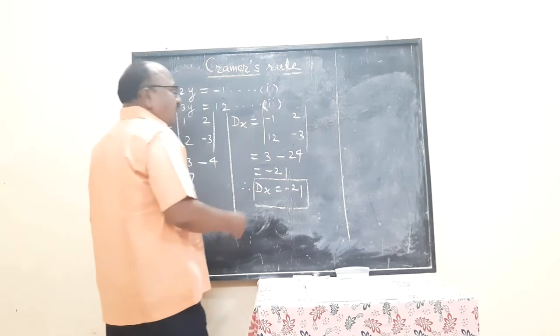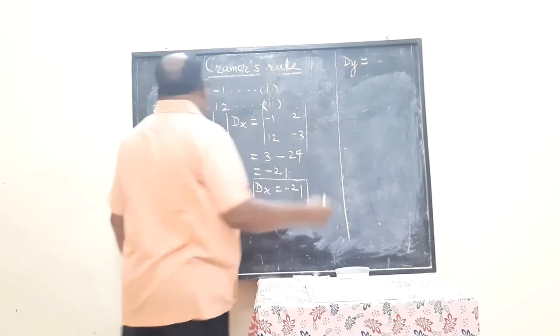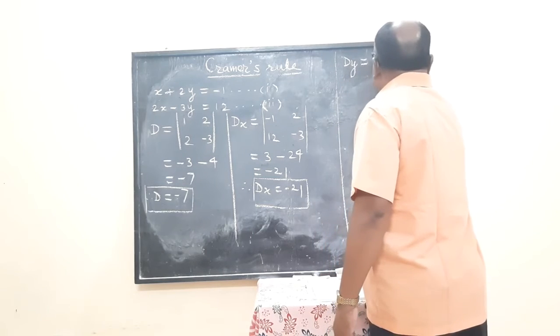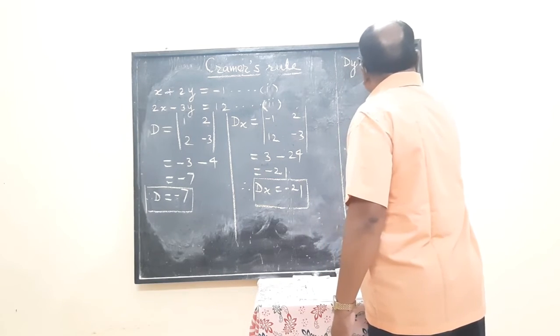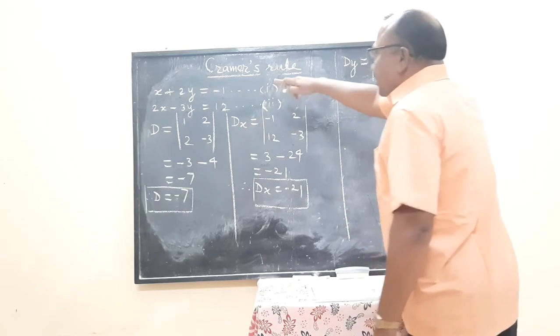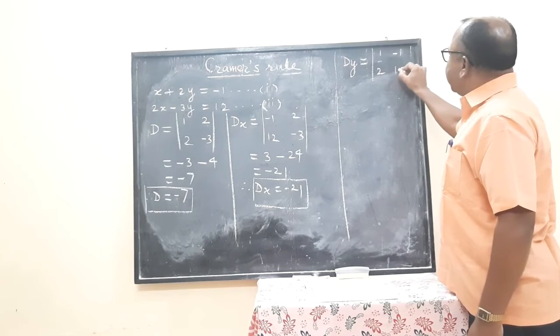Now we will try to calculate the value of Dy. Now the coefficients of x are 1 and 2, and instead of the coefficients of y, I will take the constant terms, -1 and 12.